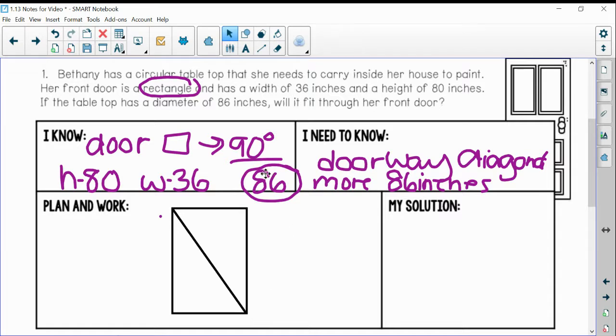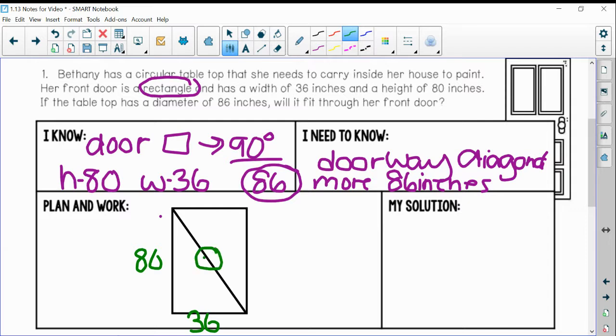So we know that the height of the door is 80 inches. The width is 36. We need to know if she can turn her table, and this unknown diagonal needs to be 86 or more. So this is going to be our right angle because it's a rectangle, and the corners of a rectangle are 90 degrees.